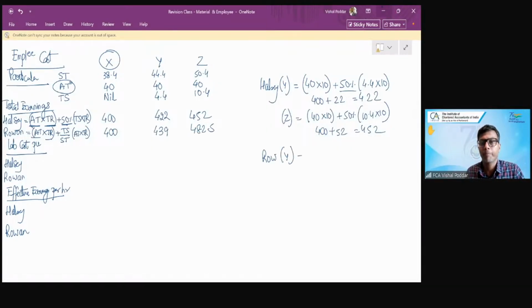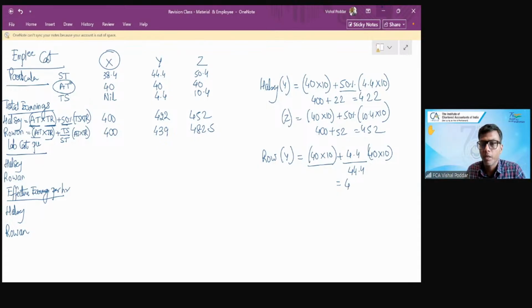Row 1 for Y, actual time into time rate, and here also actual time into time rate. So this part is same in row 1, plus time saved, which is 4.4 upon standard time, which is 44.4. Correct? So this is 400. This is 10% of 400, so 40.